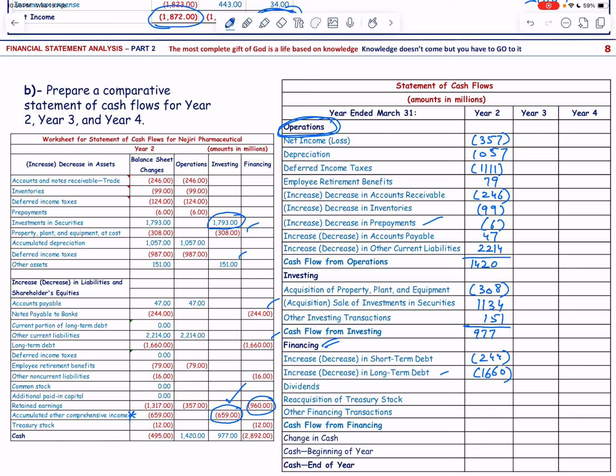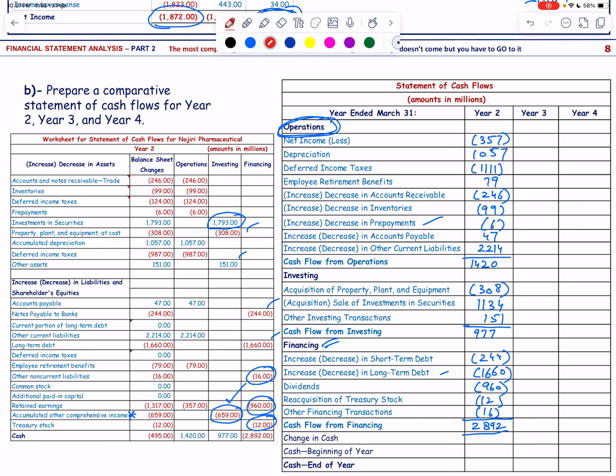This is in negative again. Then we have the reacquisition of the treasury stock, and that is 12 in brackets. Then we have the other financing transactions, and the other financing transactions is 16 in brackets again. So we make up a total of this, and the total is 2892.